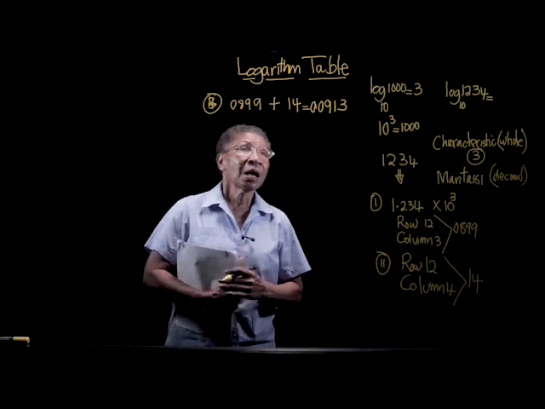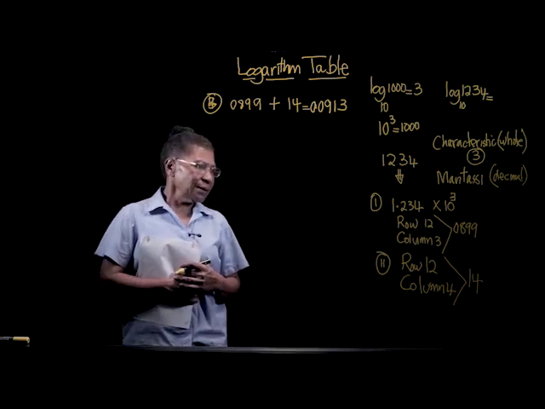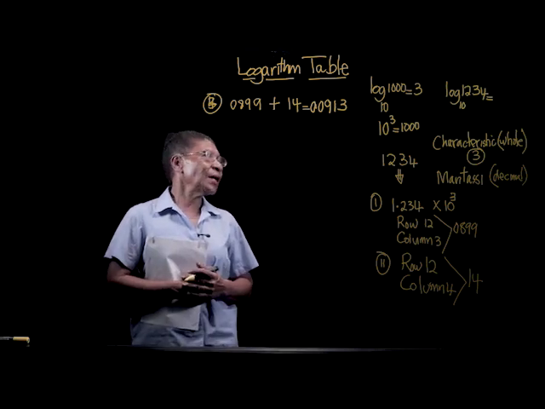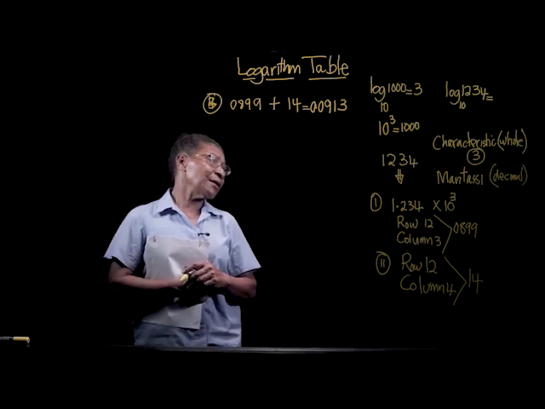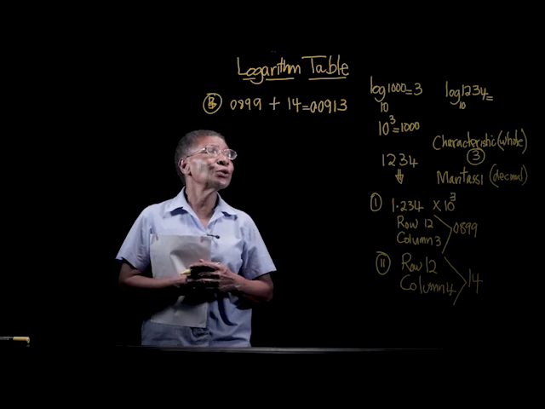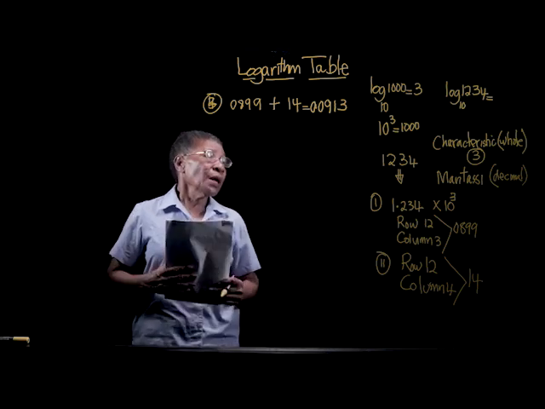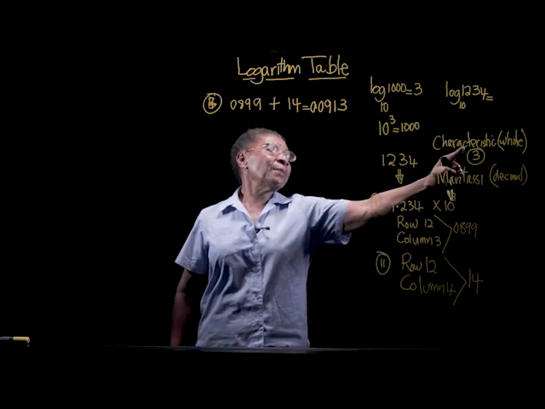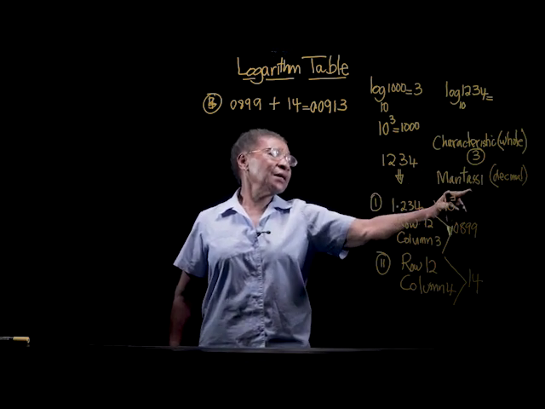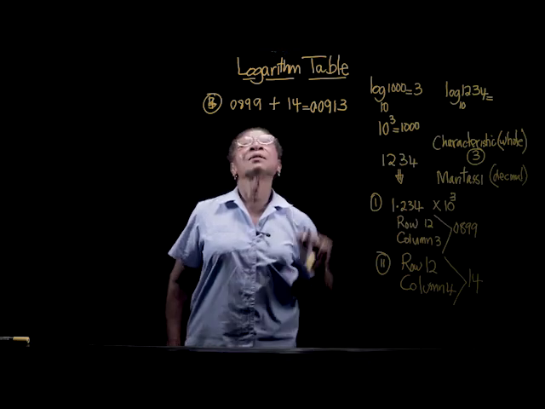0.0913. Now, that still doesn't give us the value that we would have to raise the log base 10, 1, 2, 3, 4. Now, we said that if the whole number plus the decimal number, then it would give us the result.